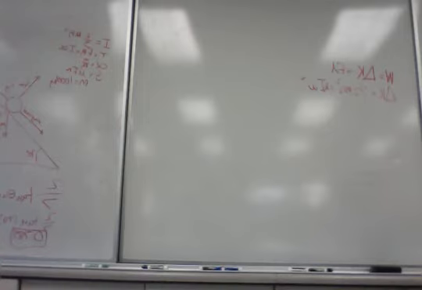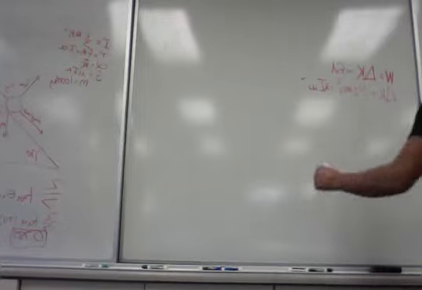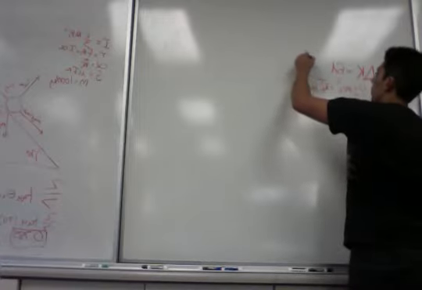Now we know what our inertia is, and we know that angular velocity squared is equal to v squared over r squared. Make note of that.